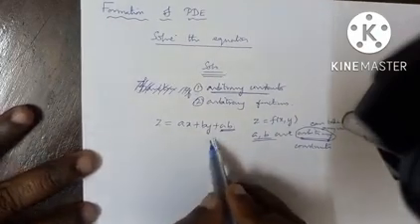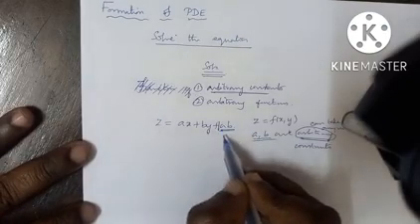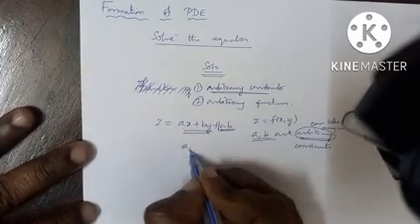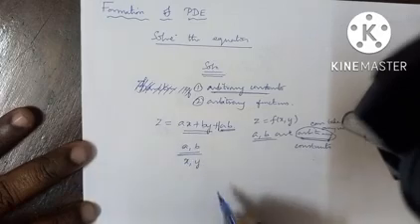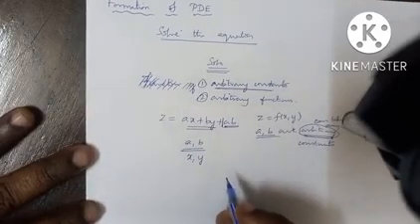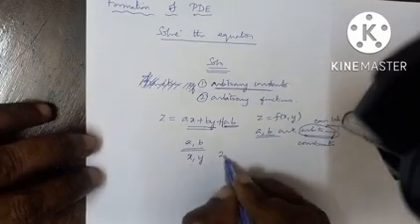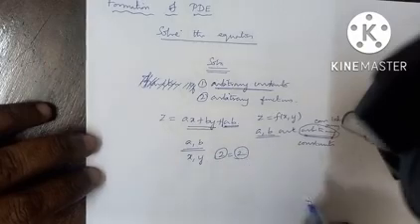So the first step is to check how many arbitrary constants and how many independent variables there are. There are two arbitrary constants and two independent variables. You know independent and dependent variables, which we discussed in the last video. The numbers are the same: the number of arbitrary constants is equal to the number of independent variables.